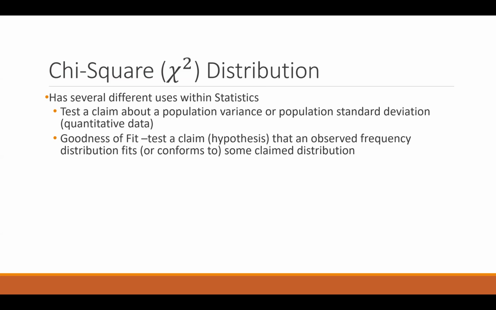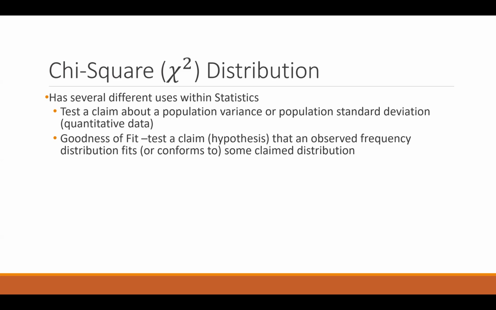But the three that we're going to focus on in this course are goodness of fit, test of independence, and test of homogeneity. So goodness of fit, it goes with chi-square, and it tests a claim that an observed frequency distribution fits or conforms or follows a particular distribution.